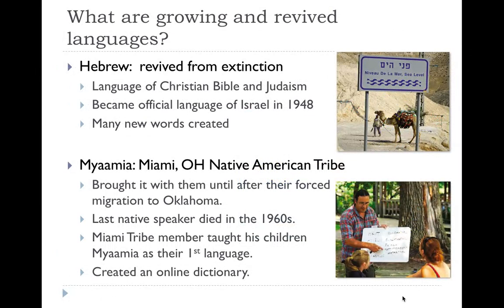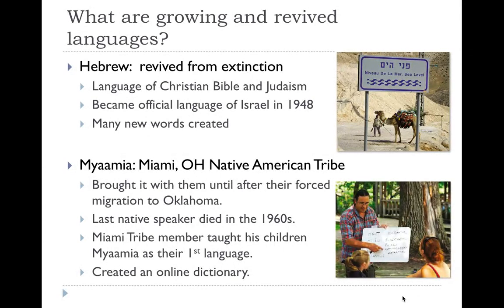A couple other examples of languages that have been revived. We look at Hebrew. Hebrew was a language that was very close to being extinct prior to 1948, and it was the language of the Christian Bible and of Judaism. It came from the Hebrew people in Mesopotamia, and over time, those people were spread out in other parts of the world.